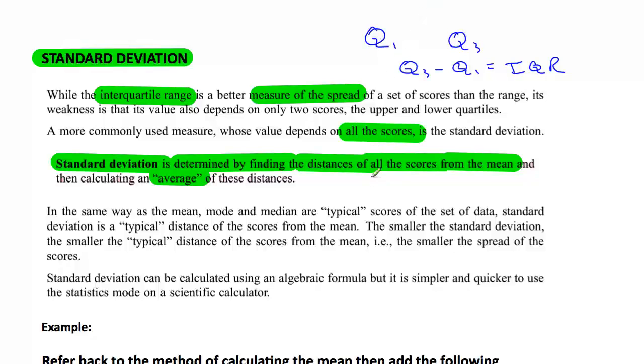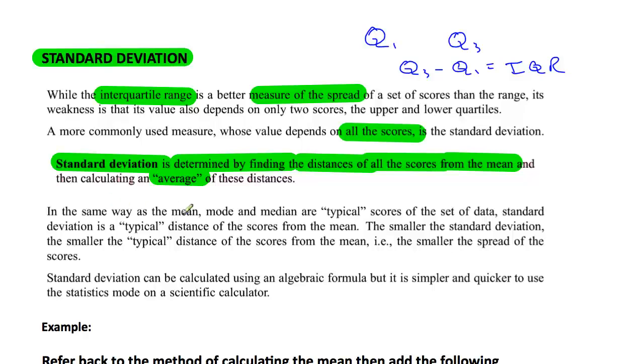We could find, say, one score is 5 marks away from the mean, another score is 3 marks, and so on. You find out those distances apart and then average them. That's called the standard deviation.